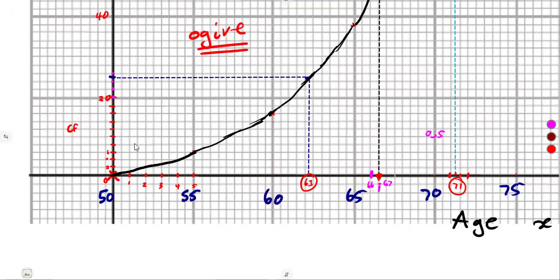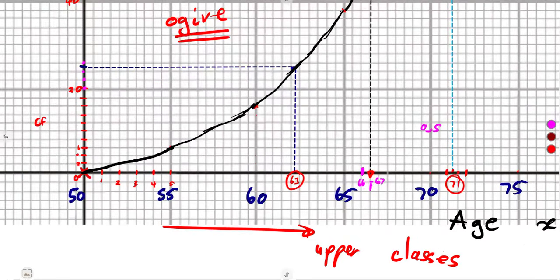The cumulative frequency and the age, whatever that you are given, which is the position of our upper classes. On the presentation, we must have upper classes.